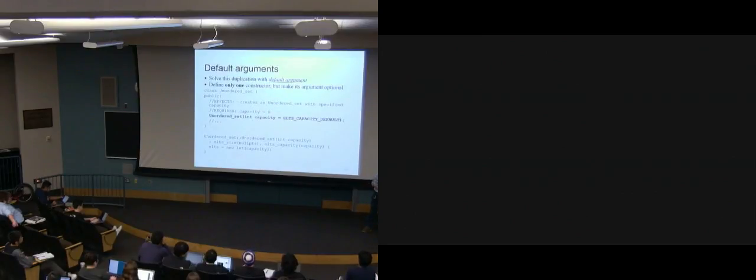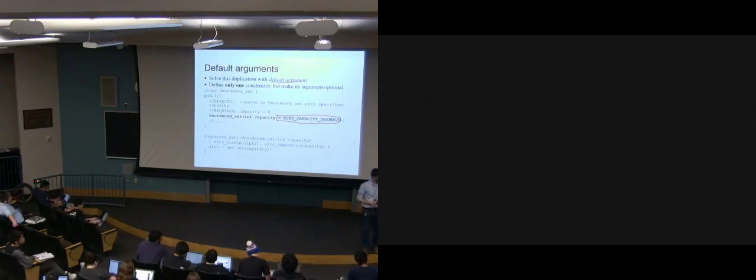I'm using this as an opportunity to show you a new C++ concept, which is called the default argument. You do this in the function prototype, and it's like two functions in one. So now we only need one implementation. If there's no inputs, we just assume that the user meant to use the default value.